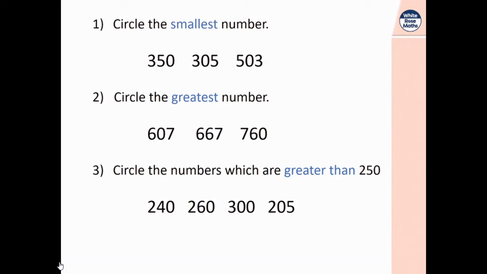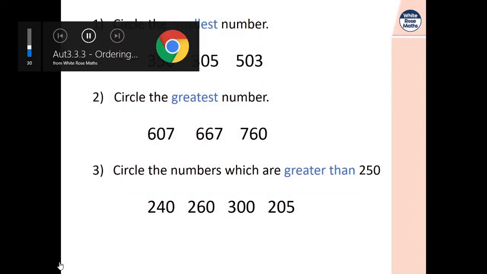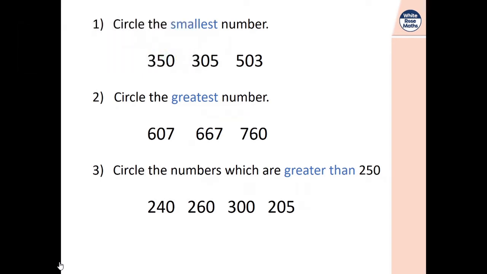In this lesson, we're going to be focusing on ordering numbers. Pause the video here and have a go at these starter questions to help get you ready for the lesson. How did you do? Let's have a look together. Question 1. Circle the smallest number. So the smallest number here is 305. Question 2.